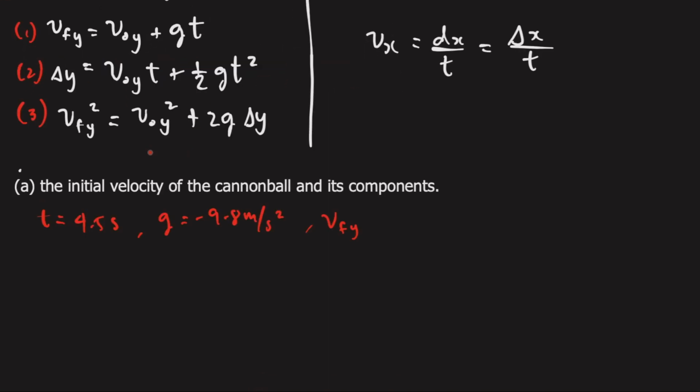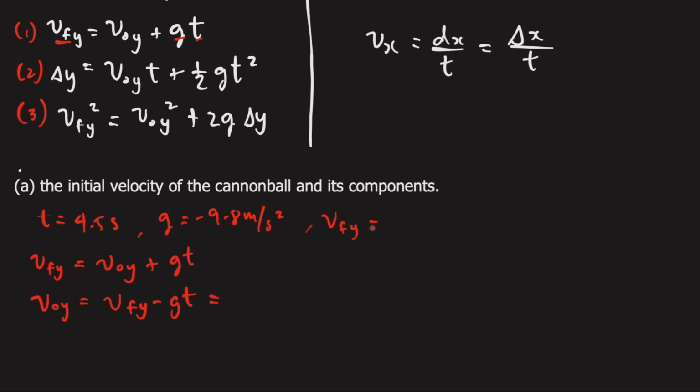Now given these values, we can solve for v naught y. So since we have t, we have g, and we have vfy, we can use this equation. So that is vfy, it's equal to v naught y plus gt. Isolating v naught y, so that's v naught y, it's equal to vfy, so transpose gt here, so that becomes negative gt.